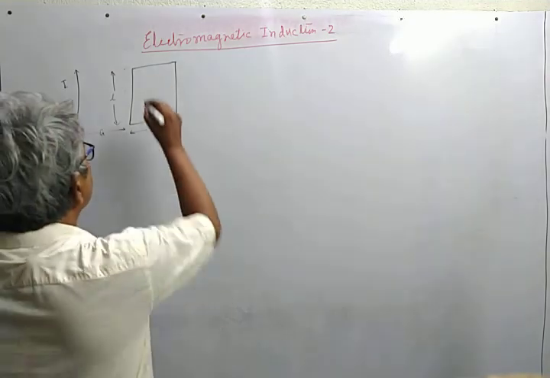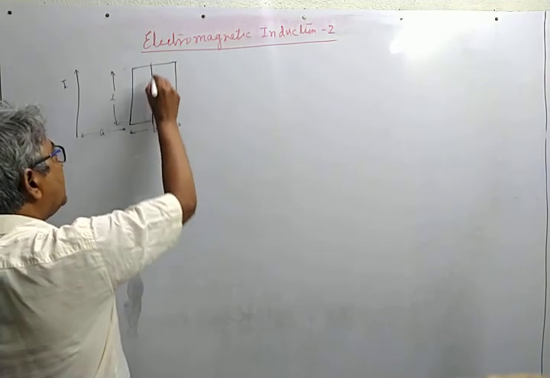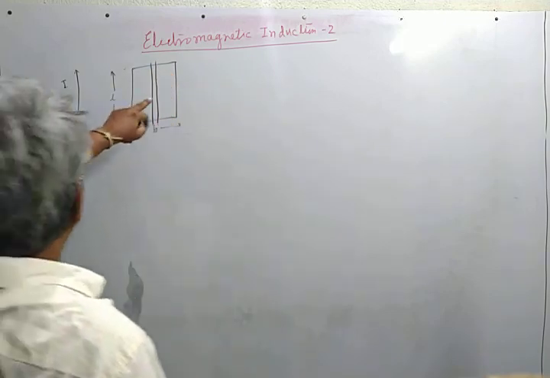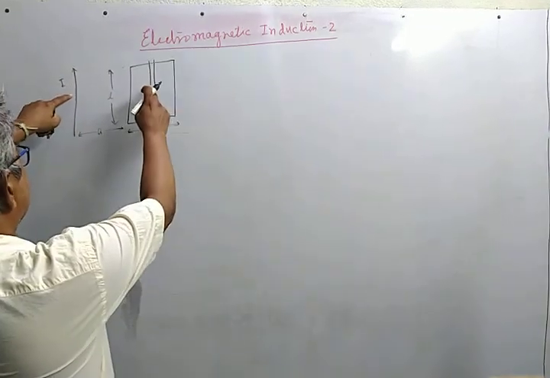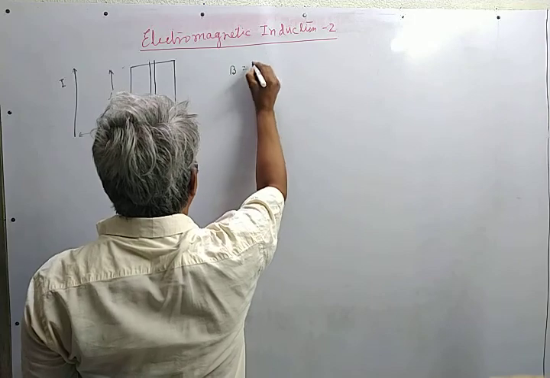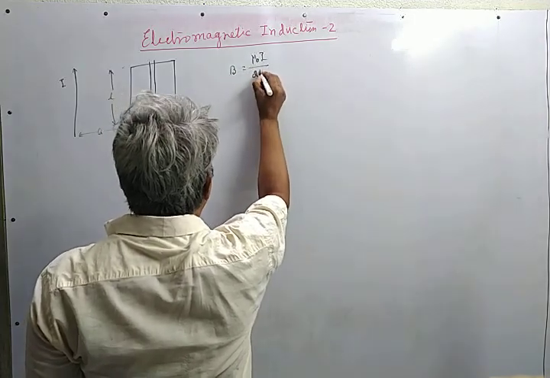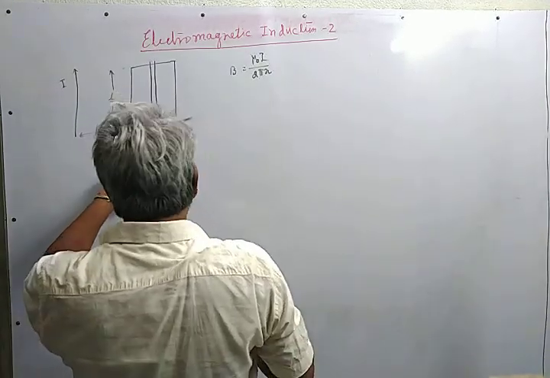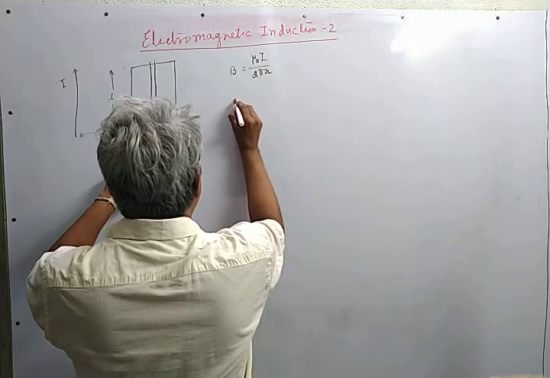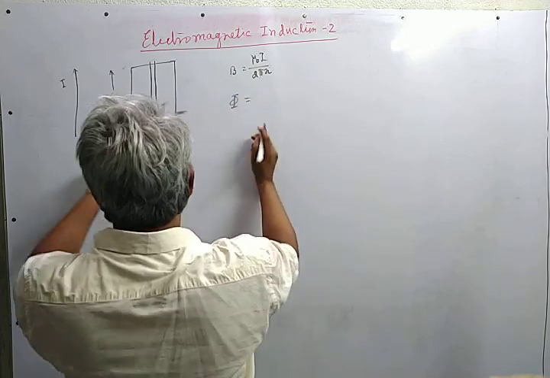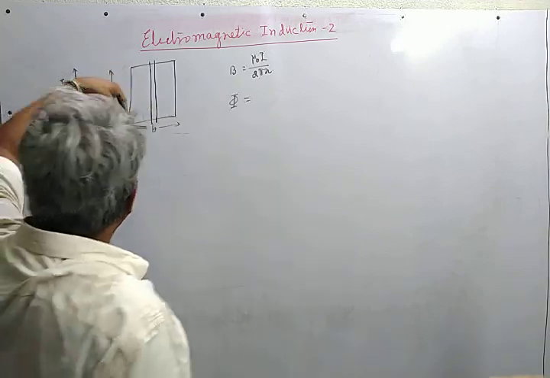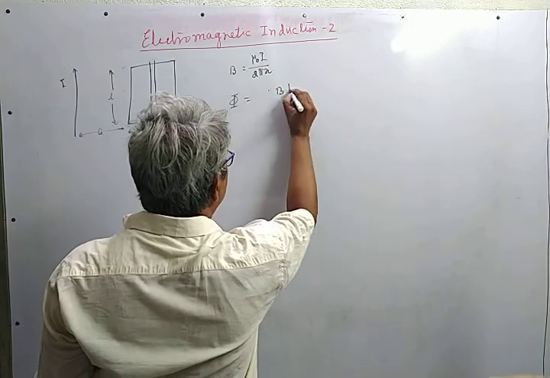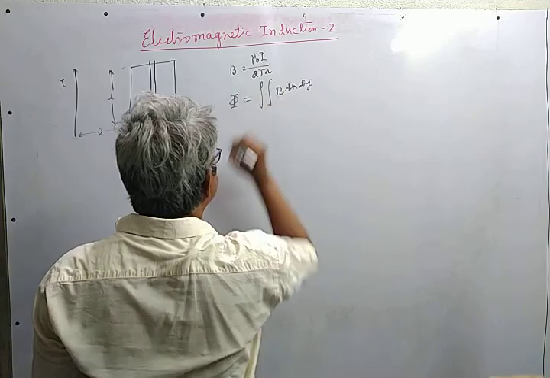Firstly, we consider a strip of width dx. The field at a distance x is again mu 0 I by 2 pi x, and the flux linked with this is d phi, equal to B dx dy integrated over x and y.